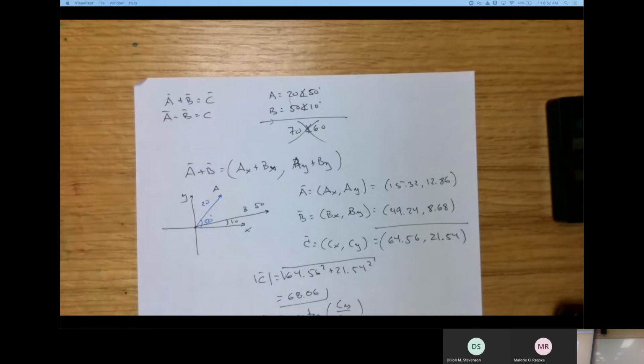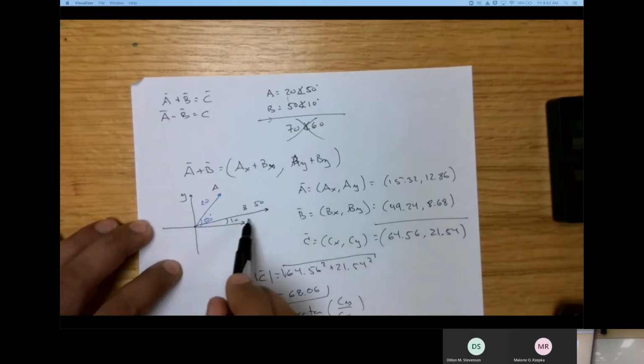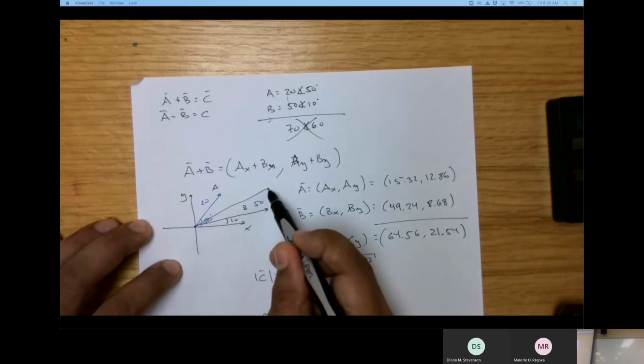So the resultant vector is going to be a little bit bigger than my two original vectors, and it's going to be somewhere in between. So it's going to be somewhere around here. So the C vector is going to be somewhere around there.